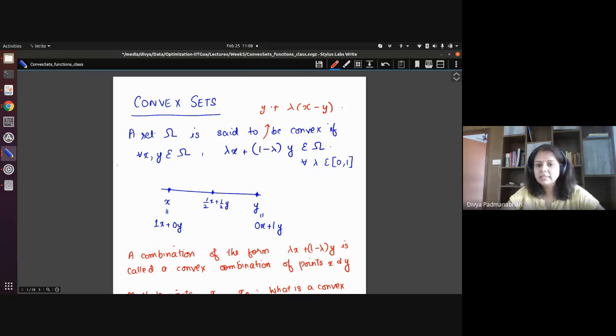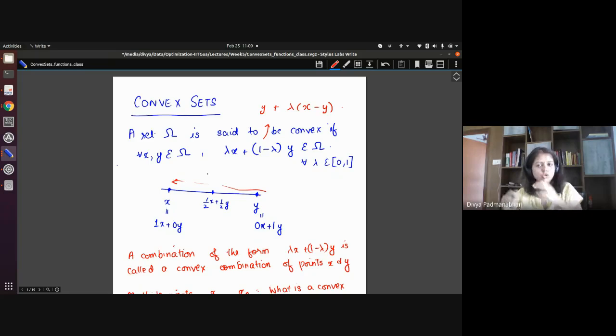What this means is you start with y and you scale this vector x minus y by lambda, and you add that to y, and what you get is the new point. The idea is that it also belongs to omega. If you set lambda as 0, what you get is just the point y, since it's 0 x plus 1 y. Now if you set lambda as 1, what you get is the point x.